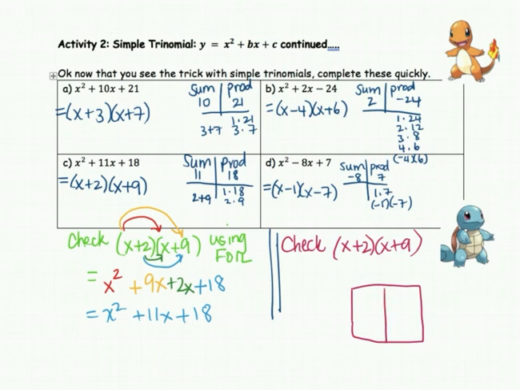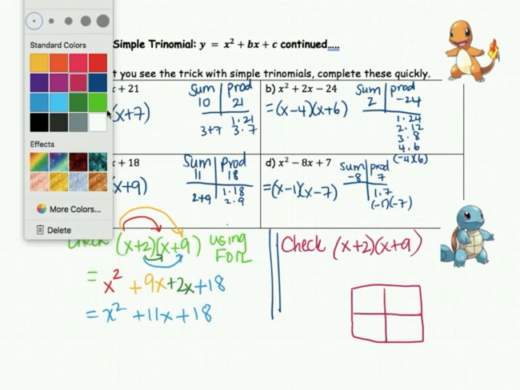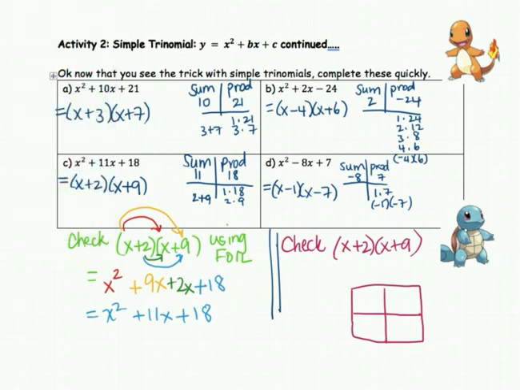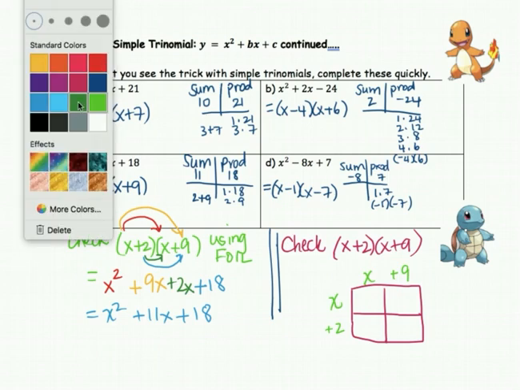You draw your squares, and then you take your factors and write them down the sides. So x plus 2, so plus 2 goes there, x plus 9 goes over here, and now you're just multiplying into the boxes.